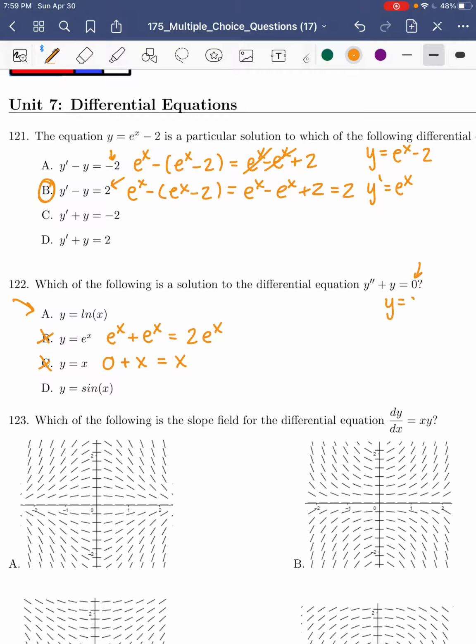I know y equals sine x, which makes y prime equal to cosine x, and y double prime is going to equal negative sine x. I don't really need y prime here. I'm just going to add the second derivative, so negative sine x plus y, which was just sine x. And that does happen to be 0, which is what we wanted. Our answer is D. We don't even have to worry about natural log.